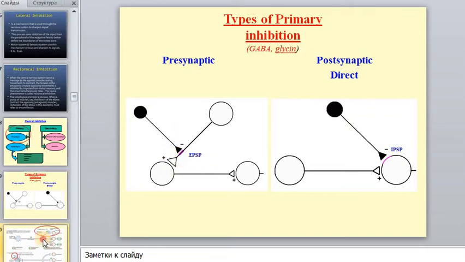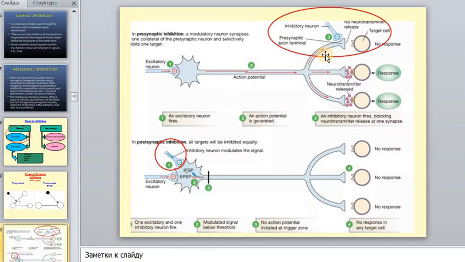And what we have here, we see on this slide just better. The inhibitory neuron blocks the signal close to the fiber, close to the presynaptic axon terminal, but not like in postsynaptic inhibition.